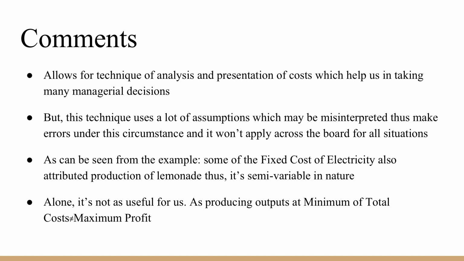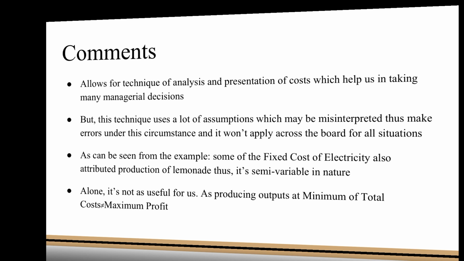Thus, it is semi-variable in nature, which means it's very difficult and arbitrary to classify this cost into fixed and variable elements. Lastly, marginal cost is also not useful alone, as production of output at minimum of total cost doesn't equal maximum profit. Thus, we will need to use other methods to compare with, such as revenue.